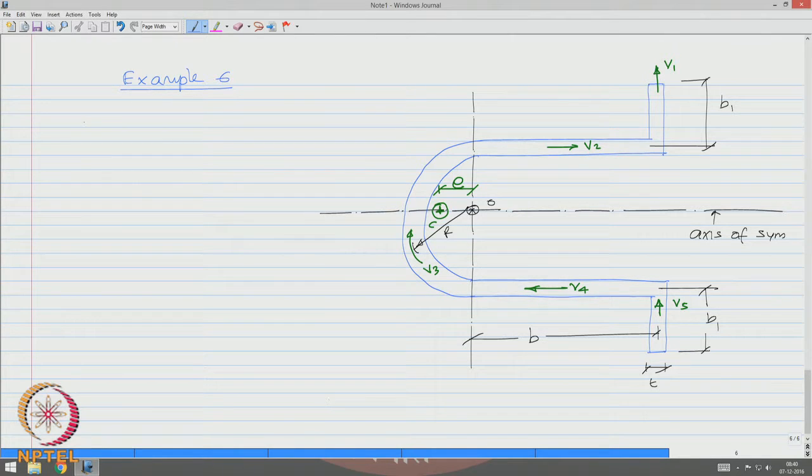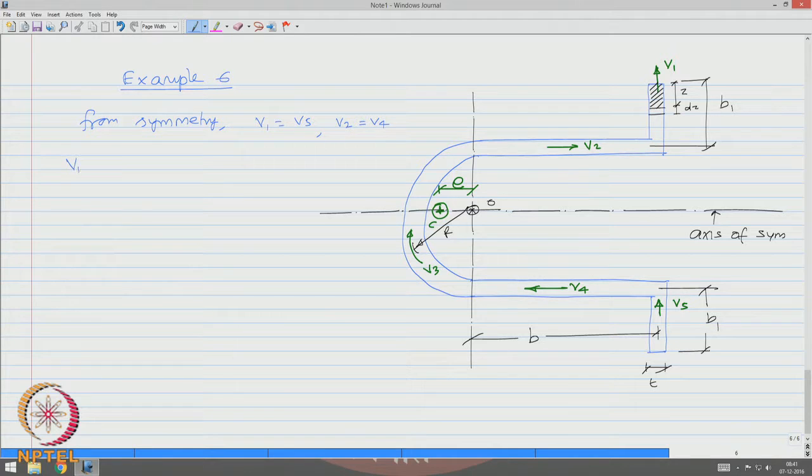Now, we know from symmetry V 1 is equals V 5 and V 2 equals V 4. Let us find V 1. To do V 1, we will take a section of thickness dz whose dimension is z.